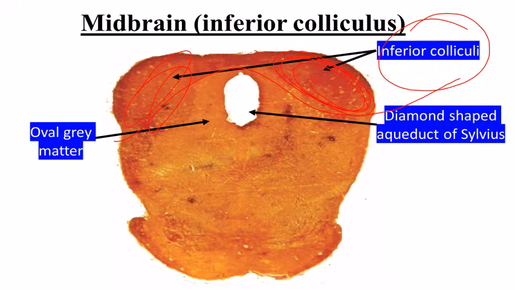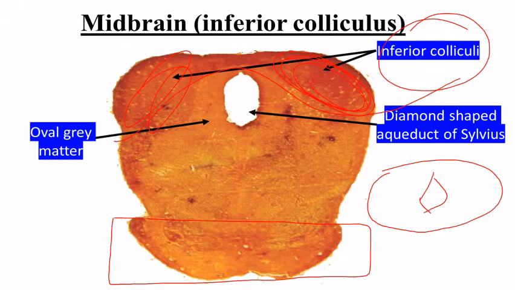In the tegmentum, I can see the aqueduct of Sylvius, surrounded with quadrilateral shaped gray matter. It appears as if it is oval or rhomboid, surrounded with the quadrilateral or oval gray matter. Then here we have the basis pedunculi.